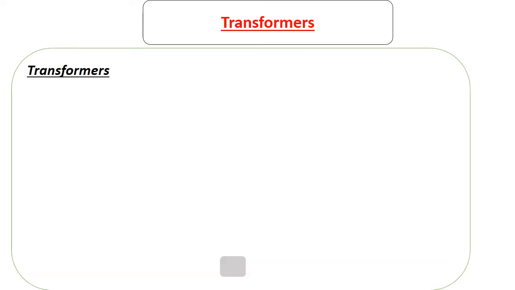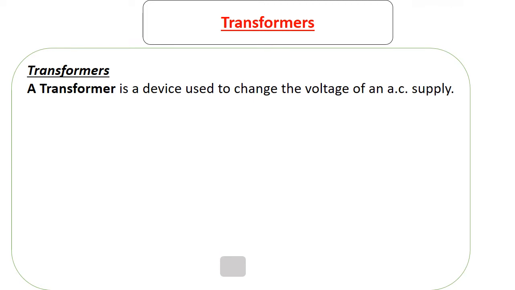What is a transformer? A transformer is basically a device used to change the voltage of an AC supply. So here is a situation. At Kariba, ZESCO generates a high voltage of AC. That high voltage is meant to supply a bigger portion of Zambia.